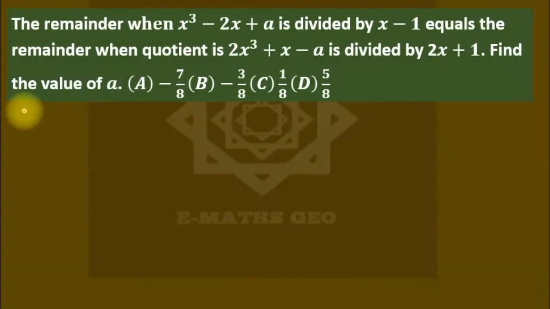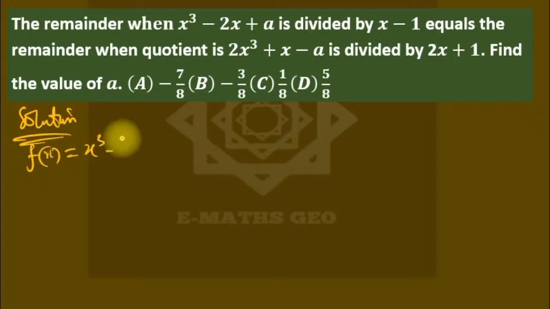So we are given this from our remainder theorem. We know that if we have a polynomial, let's call this first one f of x, equal to x cubed minus 2x plus a, and let's call g of x to be 2x cubed plus x minus a.